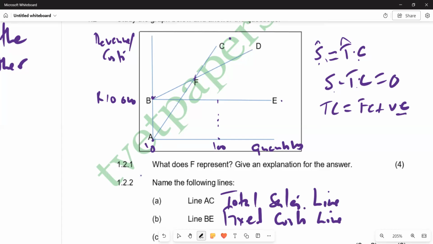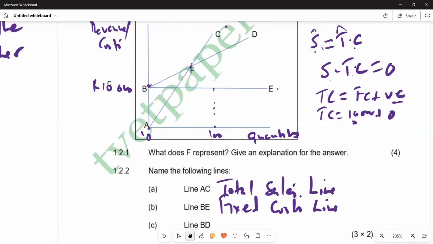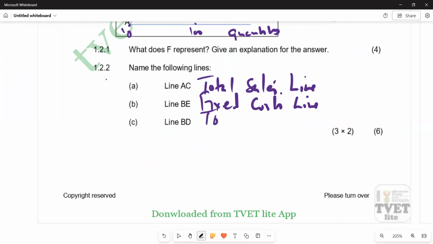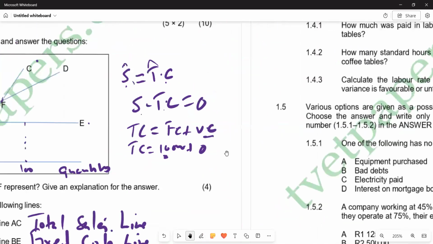In the example I have given, total cost is equal to 10,000 plus 0 for variable cost, because there are no units being produced, but the fixed cost will be there. That's where it starts, at 0 units produced. So BD represents the total cost line.